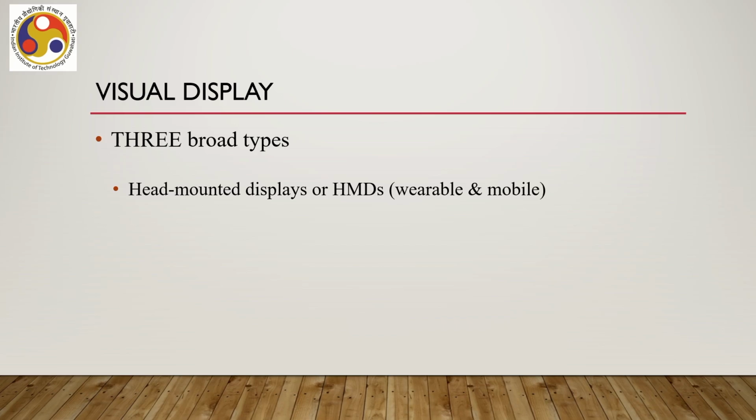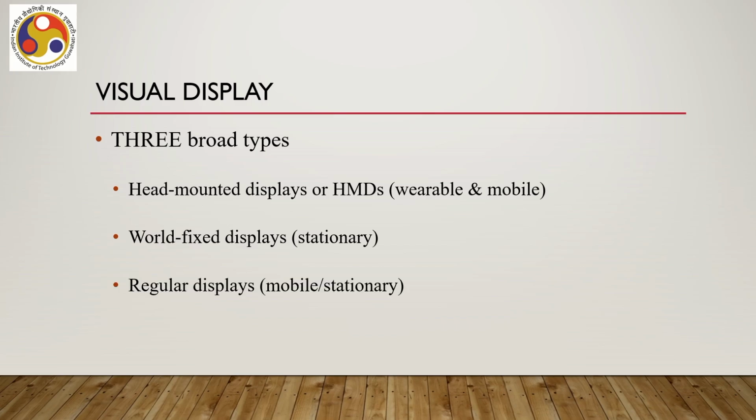The first category is head mounted displays or HMDs, which are wearable and mobile. Then we have wall fixed displays, which are not wearable, they are stationary. And finally, regular displays, which can be mobile or stationary. So, we have HMDs, wall fixed displays and regular displays.